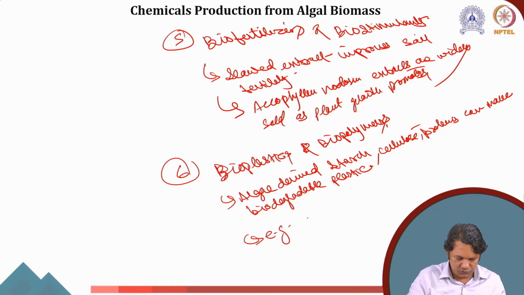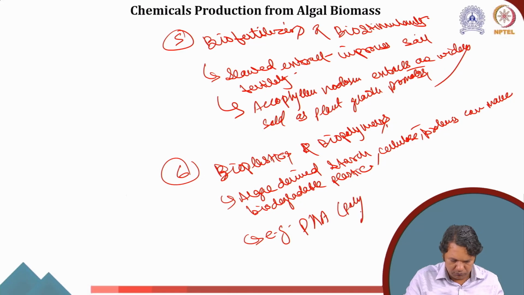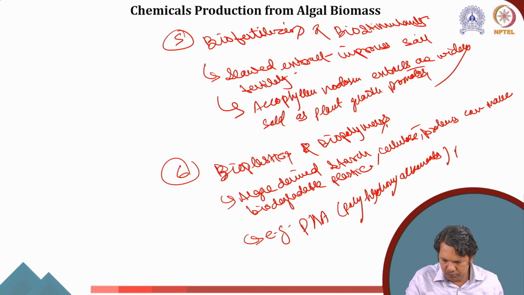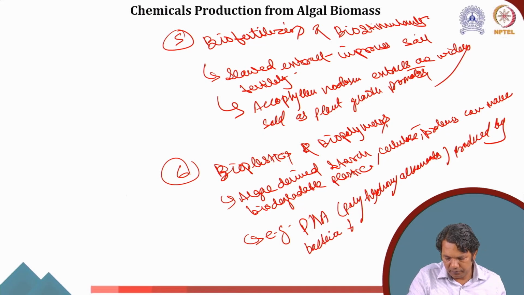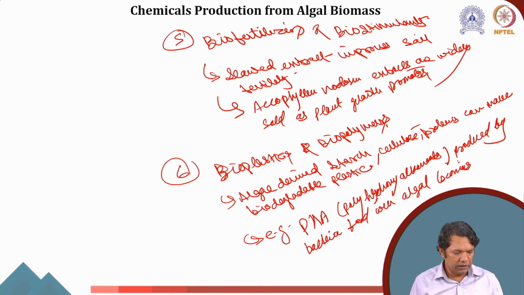For example, we have PHA, which is polyhydroxyalkanoates, produced by bacteria fed with algal biomass. Now the question here is that to make all these products, how do we extract it?